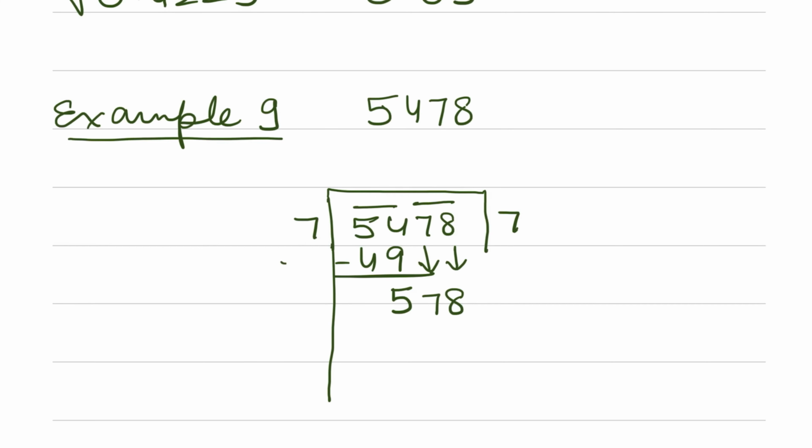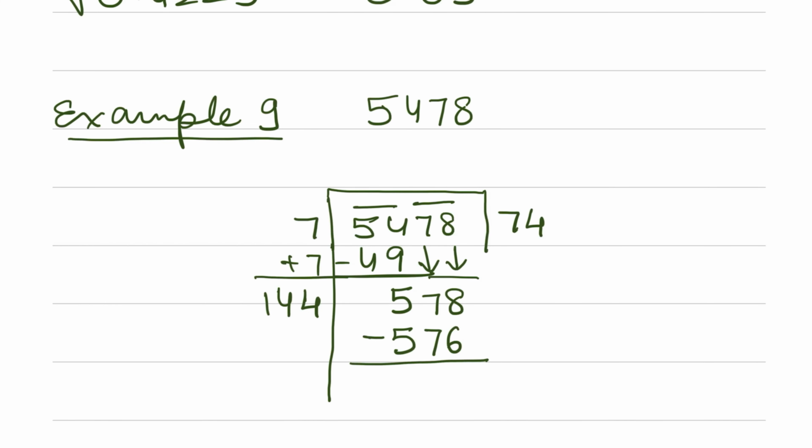On the divisor side, I have to add 7, so it becomes 14. And now I have to add the units number such that when multiplied by that number it should give me less than or equal to 578. So it will go by 4. We have 4 here. So 16 and 7, then 5.